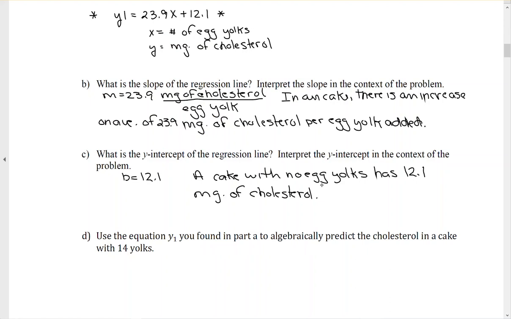Using the equation y sub 1, algebraically predict the cholesterol in the cake with 14 egg yolks. So our 14 is going to be our input amount, and our output is going to be the milligrams of cholesterol. So we're going to take our equation, y sub 1, and plug in the number 14.